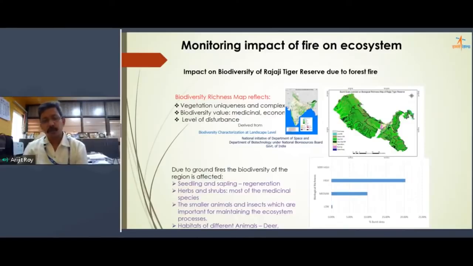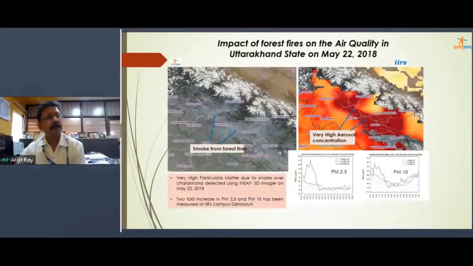Since we have already prepared the biological richness map, the vegetation type map, and other things, we are able to identify in the Rajaji Tiger Reserve and some of the national parks the impact of forest fires on the biodiversity of the region, especially with respect to the seedlings, saplings, herbs, shrubs, smaller animals, insects, and the various habitats of the flora.